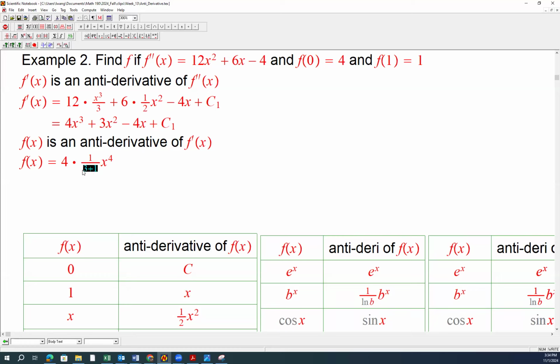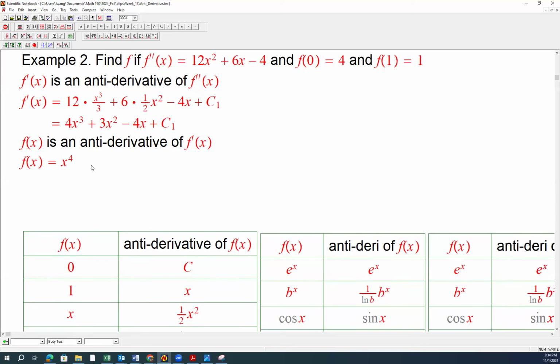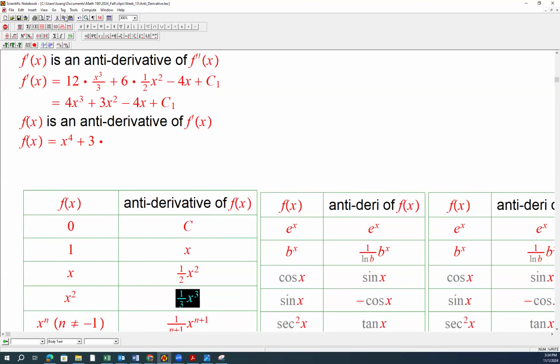So this is basically 4, right? So now you can already simplify this, okay? Plus 3 times the antiderivative of x squared. Okay, we just had it, so how about we just copy and paste right there.